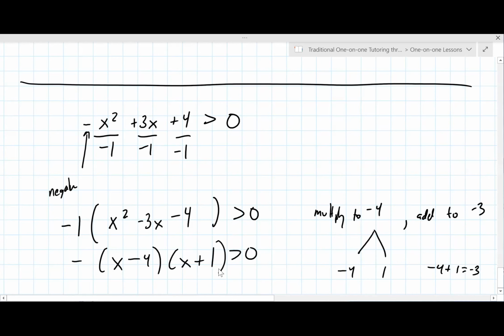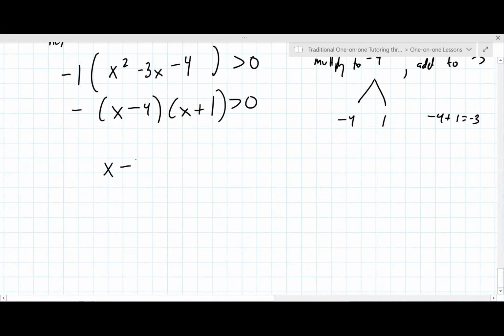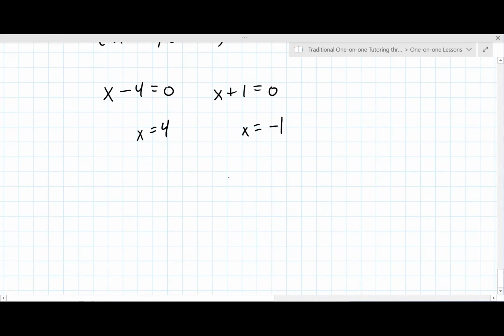Now we have to set each of those equal to 0. So what are the x values here? x equals 4, x equals -1. Good.